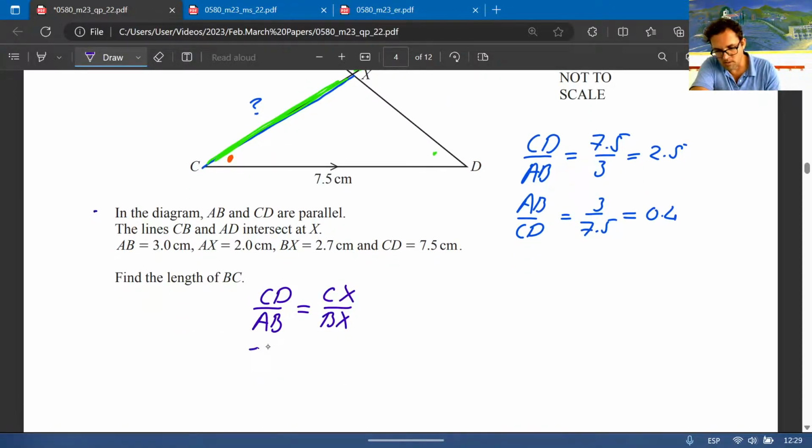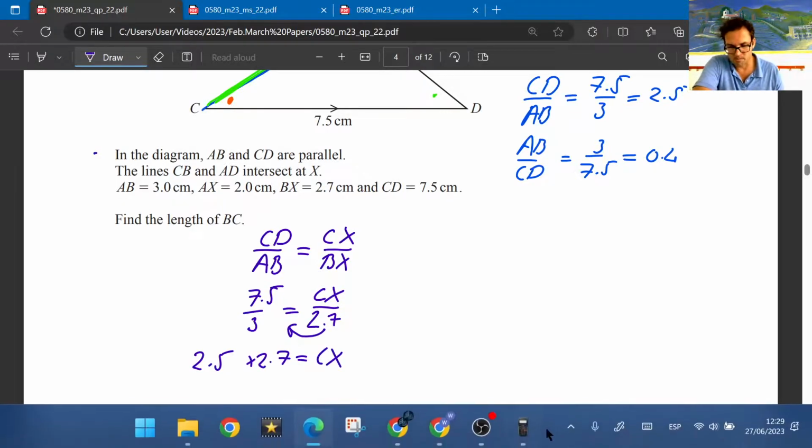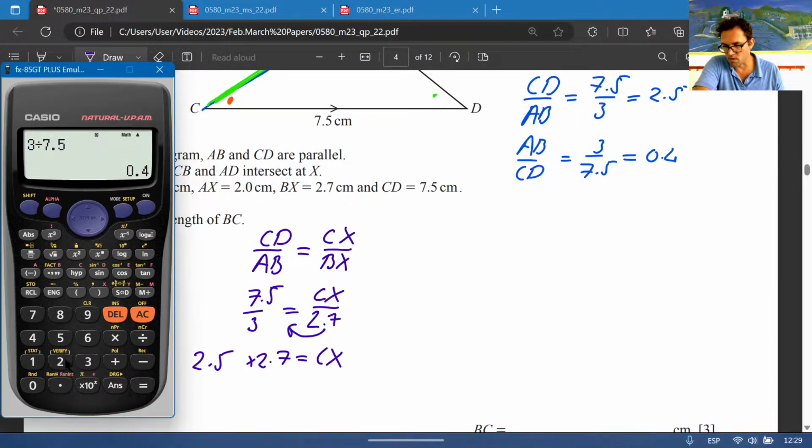Now because you know CD is 7.5 and AB is 3, we don't know what CX is, but we know that BX is 2.7. 7.5 over 3 equals 2.5. Multiply the 2.7 over there. That gives us CX. So CX is 2.5 times bigger. A little confusing. But then we got it, 6.75.